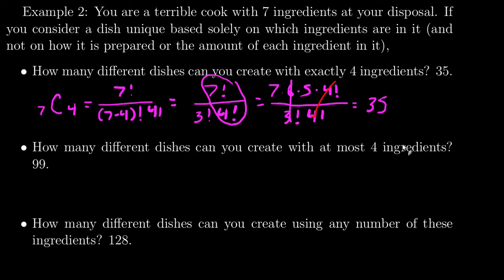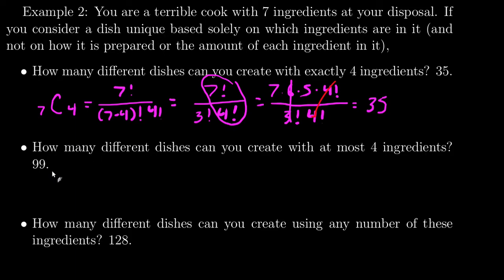How many dishes can I create with at most 4 ingredients? Well, that means I can have 4 ingredients, 3 ingredients, 2 ingredients, 1 ingredient, or if I'm a really bad cook and I'm going to consider this mathematically, I could have the dish that has nothing in it.